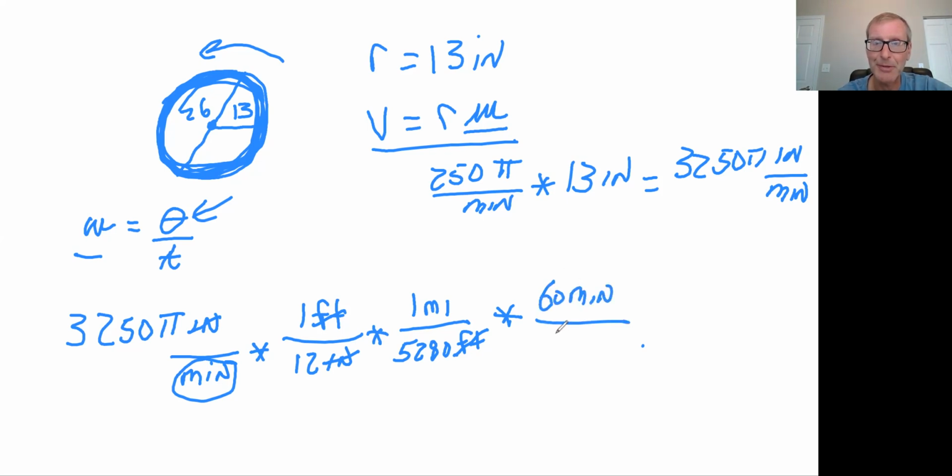And there are 60 minutes in 1 hour, right? So you cancel these out. So here, you definitely need a calculator. You have to plug in 3250, multiply it times pi, divide it by 12, divide it by 5280, and then multiply it by 60. And if we round to the tenth, I ended up with 9.7 miles per hour.